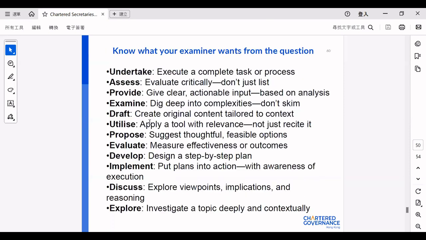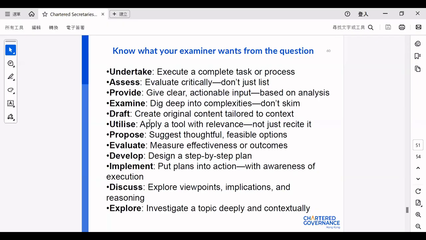So these are the very common action verbs: undertake something, assess something, provide something, examine, draft, right? Utilize something, propose, evaluate, develop, implement, discuss, and explore, right?